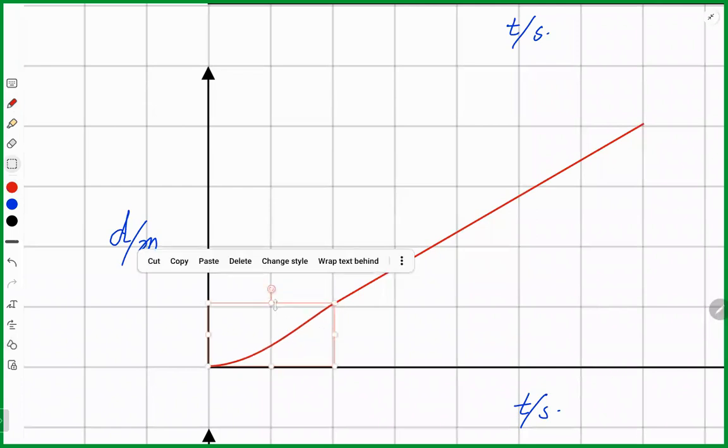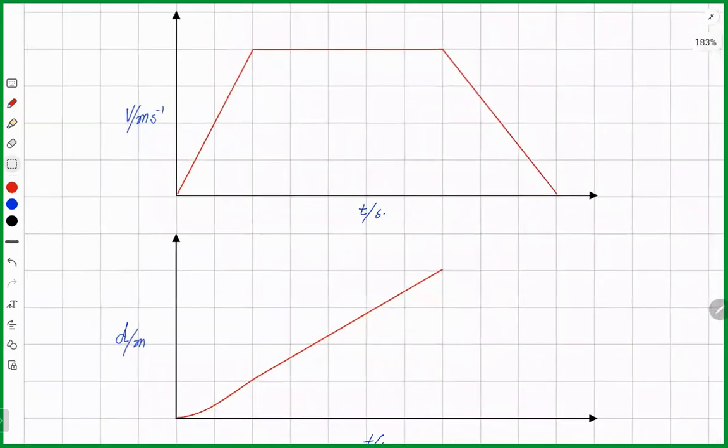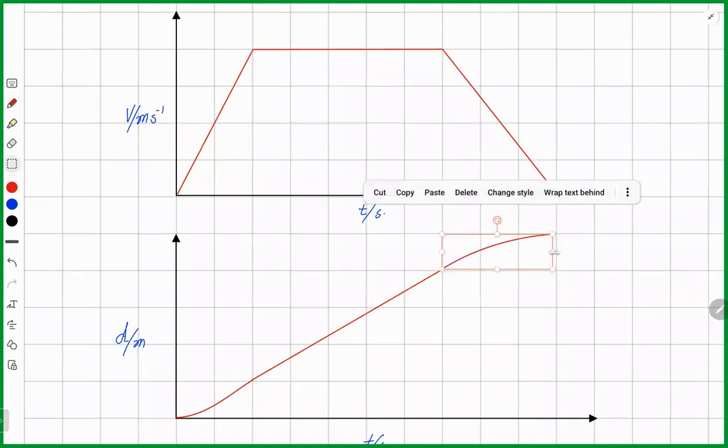And then at the end, the graph should have a decreasing gradient. And eventually it should become parallel to the x-axis because the speed has become 0. So this is how the graph should be for distance and time.